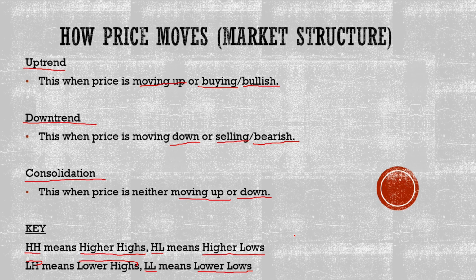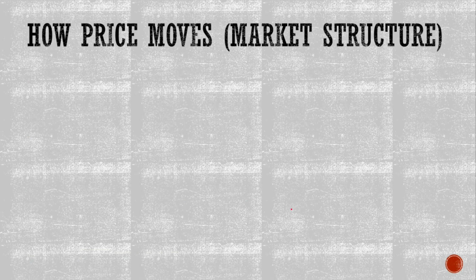All right, so now, still on how price moves and market structure, let's talk about the uptrend. What really happens in an uptrend? Before I show you the illustration, there are some terms I'm going to use: push, pullback, push, pullback.